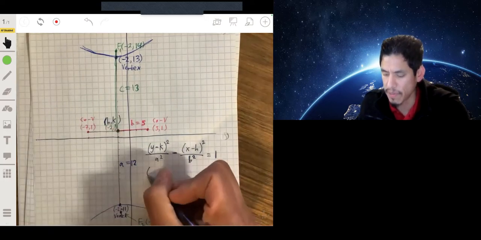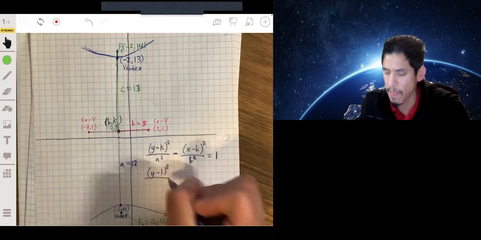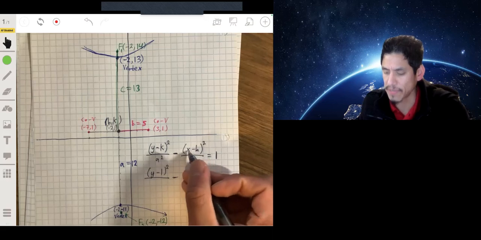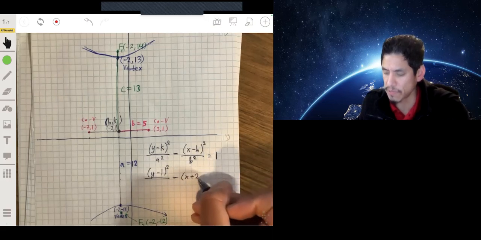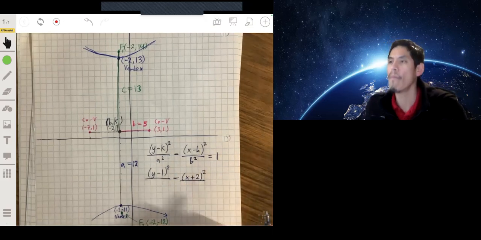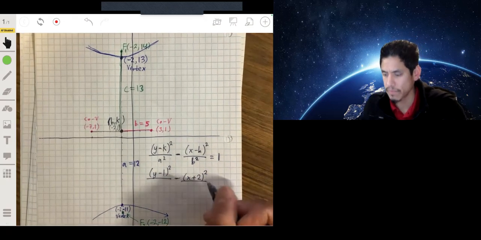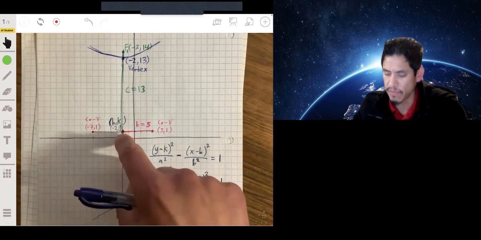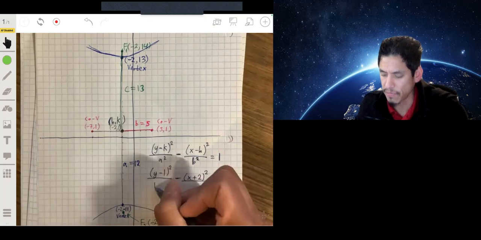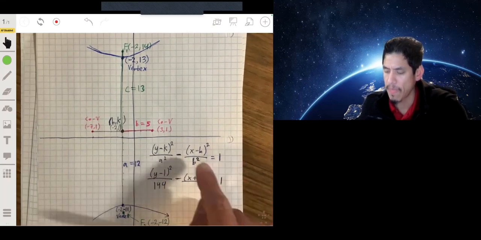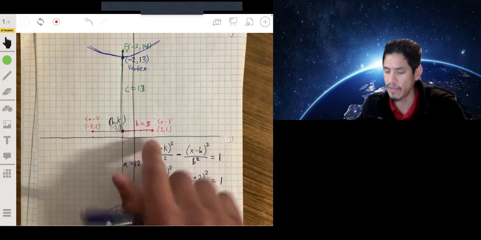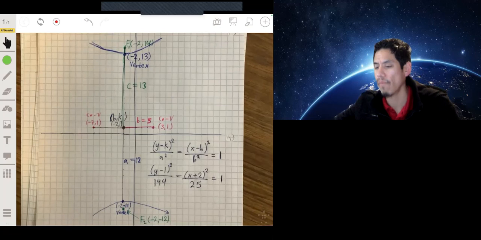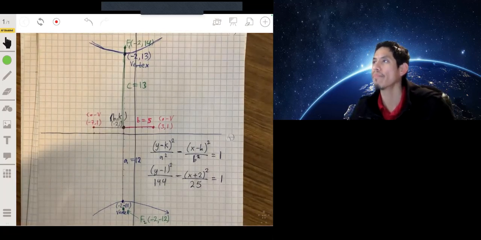So this will become y minus 1 squared, and x minus a negative 2, which becomes x plus 2 squared. And A is 12, so 12 squared will be 144. And then B is 5, so B squared will be 25. And there you go.